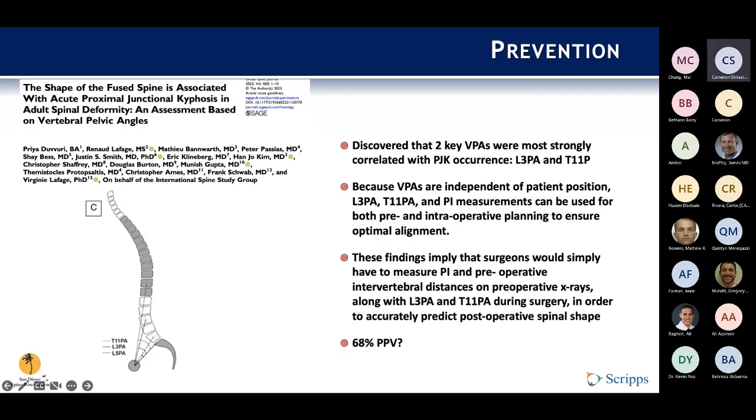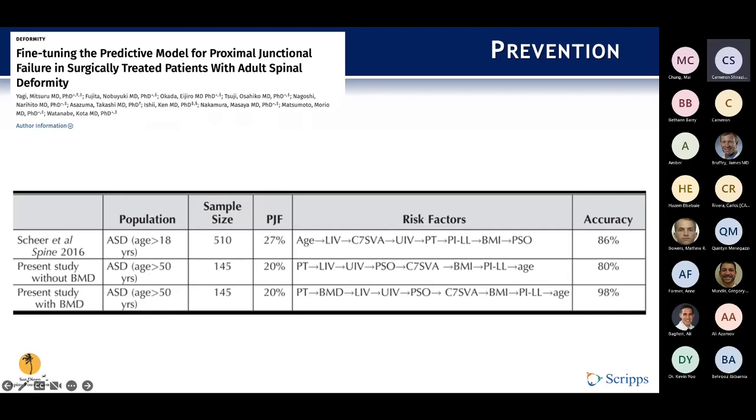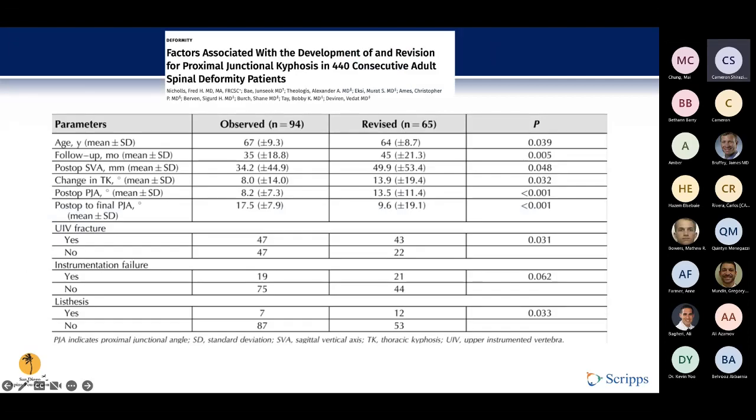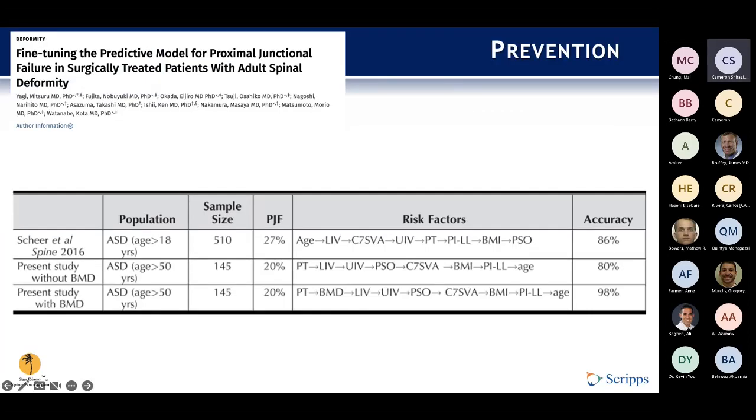And I think the study is obviously more in depth, just trying to keep a broader view, but when you don't meet your goals of L3PA and T11PA in surgery, even then, it's a 68% positive predictive value, so it's still not as high as you'd think. So what this kind of comes to show once again is that there's a spectrum of causes that lead to PJK. It's not just one thing, and you have to take into account all of these things when you're looking at these patients.